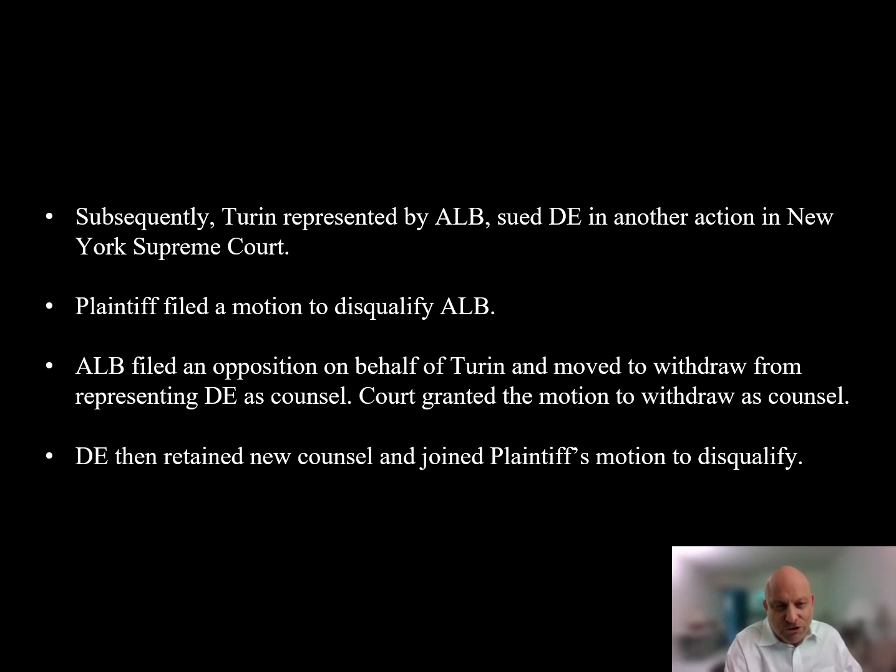So the plaintiff files a motion to disqualify ALB. ALB files an opposition on behalf of Turin. At the same time, it withdraws from representing Douglas Elliman in the federal action. And the court grants the motion to withdraw as counsel. Douglas Elliman then retains its own counsel in the federal action and joins in plaintiff's motion to disqualify ALB. The plaintiff's position is that withdrawal from representing Douglas Elliman is not sufficient, that ALB should withdraw completely from the case.